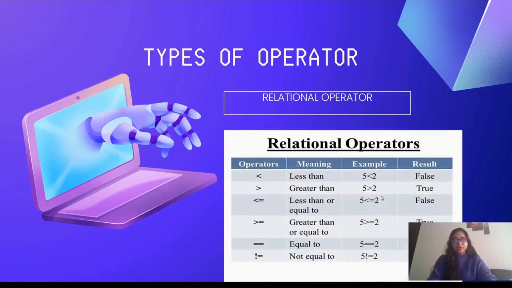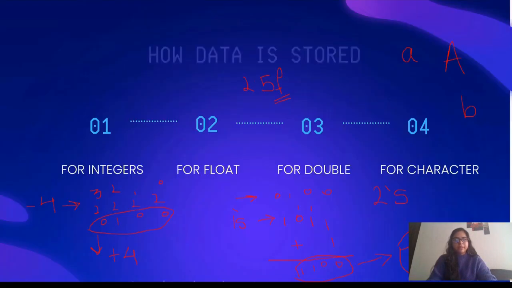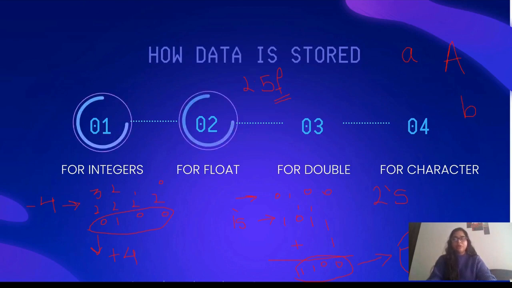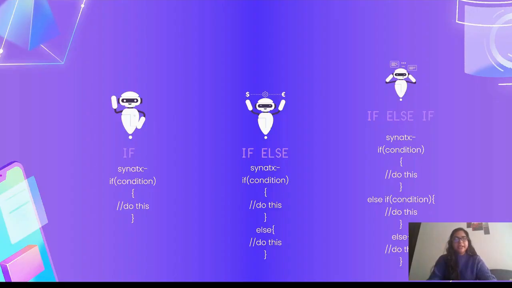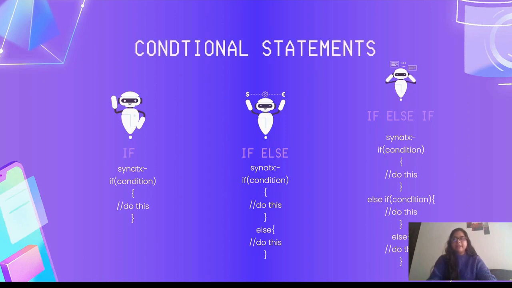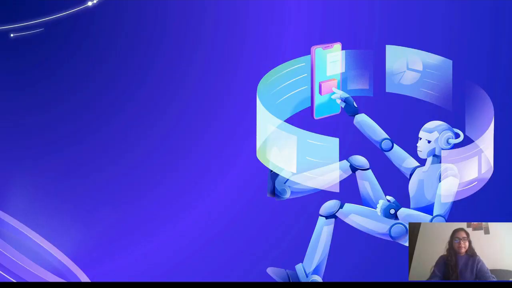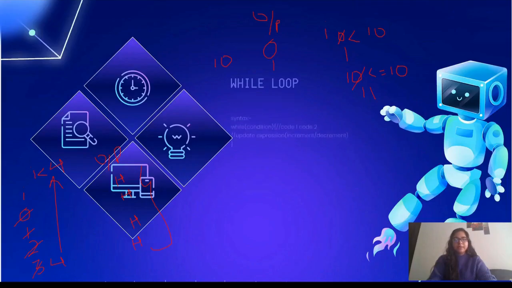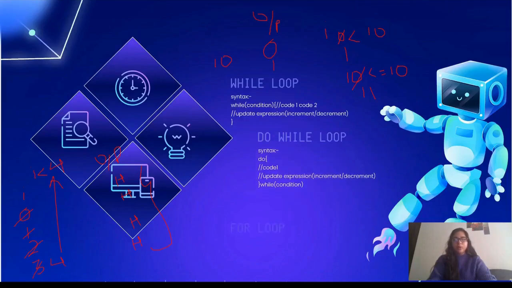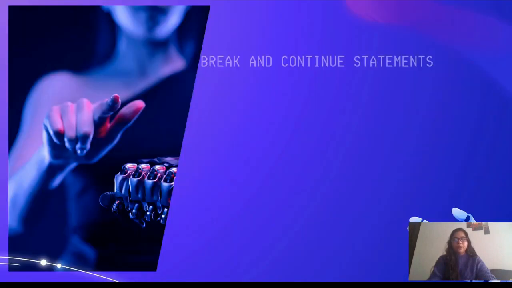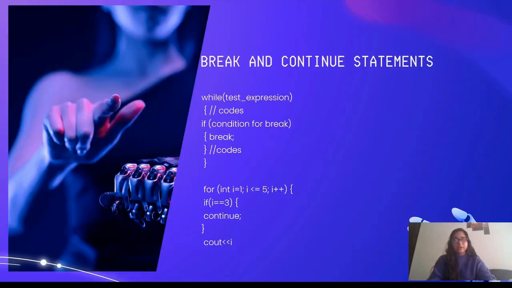Then we have seen how data is stored in integer, how it is stored in float, how it is stored in double, and how it is stored in character. Then if, if else, these are the conditional statements, and we have seen the syntax. Then we have seen loops, the different kinds of loops: while loop, do while loop, for loop. We have also seen the break and continue statement.